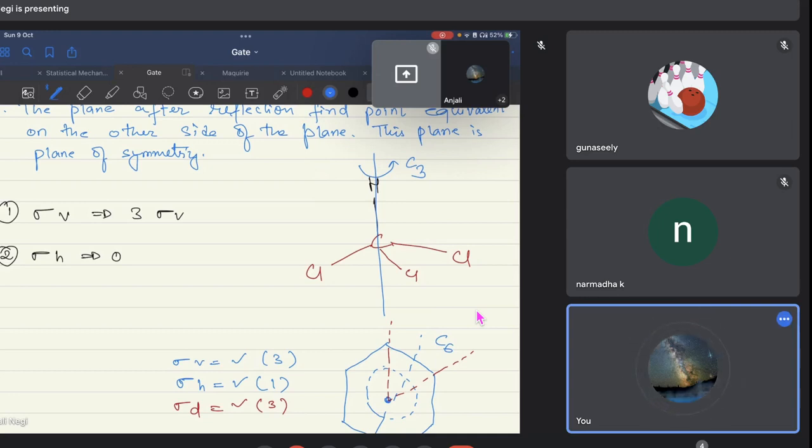The plane will be something like, for example, this particular bond is behind my sheet, and my plane contains this hydrogen atom, this carbon, and this Cl. So I will have some plane like this.